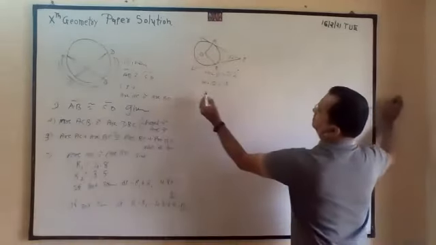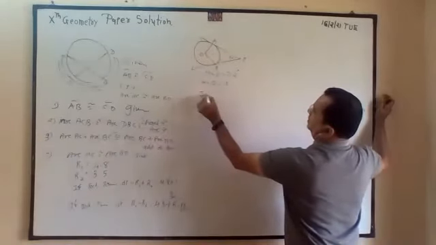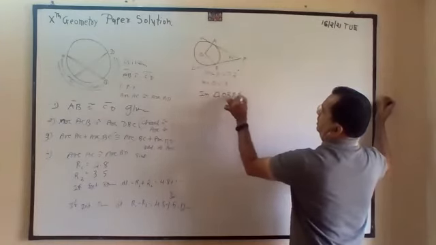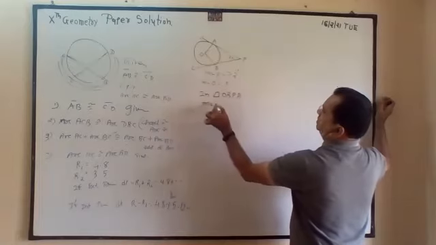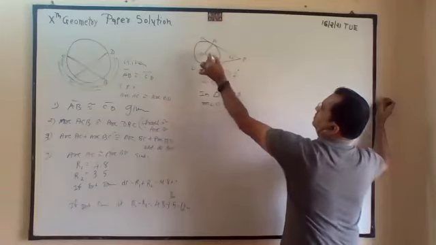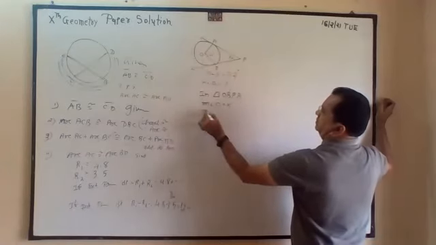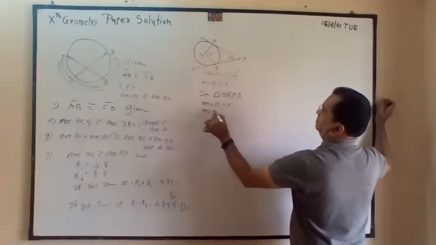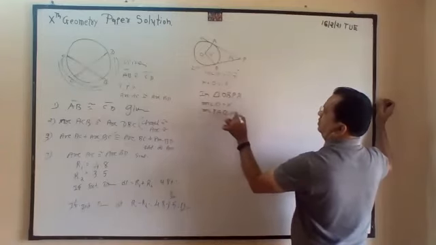Generally they ask, in quadrilateral OBPA, measure angle O, it is X degrees. Measure angle A means PAO.